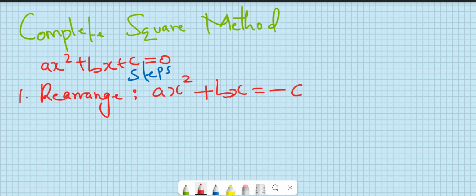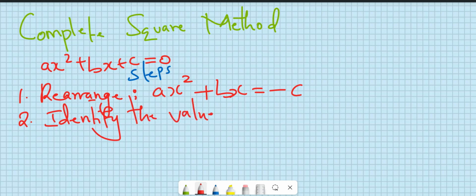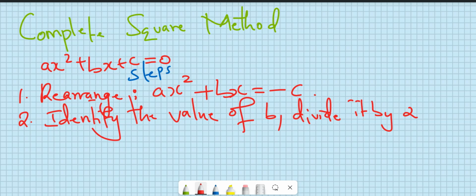The second step is to identify the value of b, then divide it by 2. So this gives us b over 2. Then you square it.